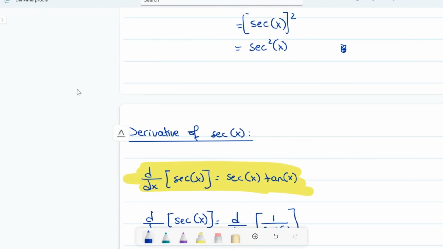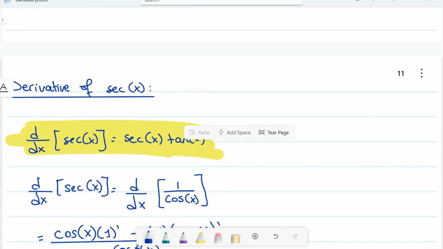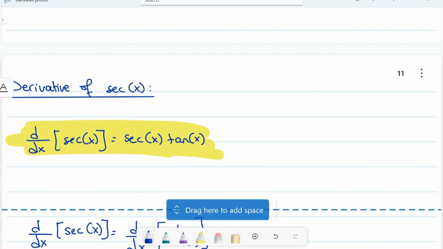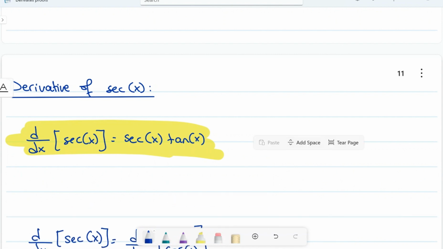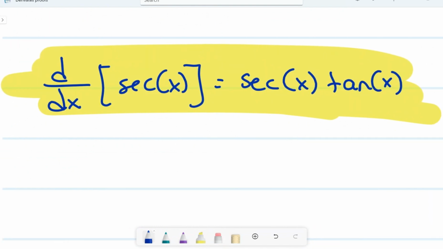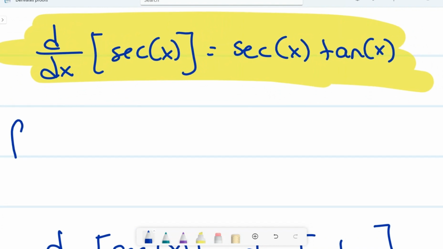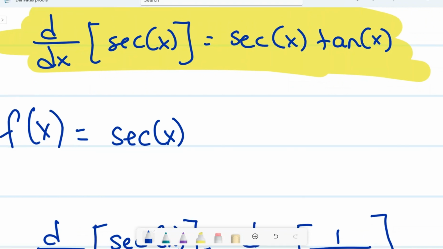And now we will move to the derivative of secant of x. So the derivative of secant of x is secant of x times tan of x. And again, I will define a function f of x to be equal to secant of x.